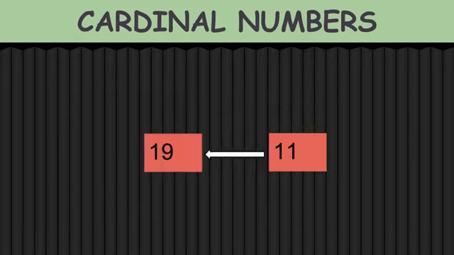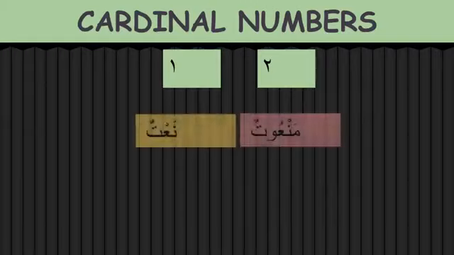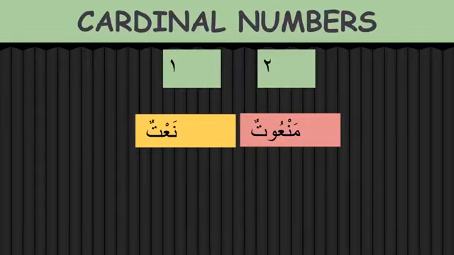Before we proceed, we'll recap what we've learned in book 1. We know that wahid and ithnan come as a na'at to a man'ud. That means they come as an adjective and have the same characteristics as the man'ud.